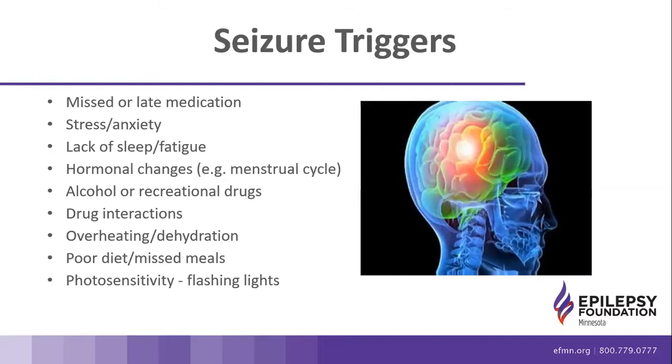Overheating and dehydration are big triggers, poor diet or missed meals. And then there is this other trigger called photosensitivity that many people know about, that many people have heard about, because it is a trigger that is actually tested during an EEG study for the person with epilepsy. So photosensitivity is that flashing lights sensitivity.